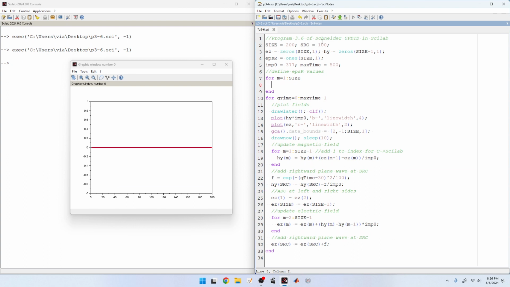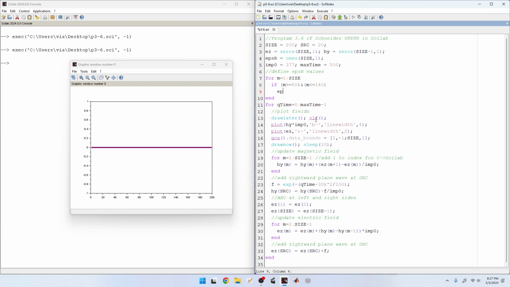Let's move our source over to, say, 20 here in the grid. And starting at 80, we'll say if m is greater than or equal to 80 and m less than or equal to 140, if that's true, let's make eps relative[m] equal to 4.